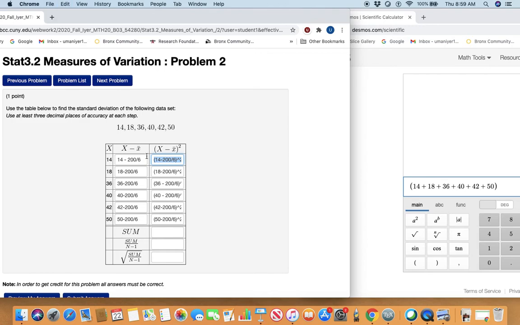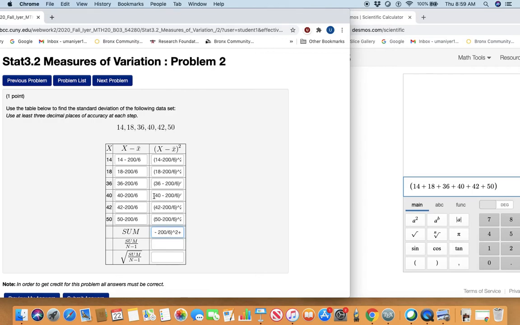Control C. Okay. Control V. Plus. Control C. Control V. Plus. Control C. Control V. Plus.